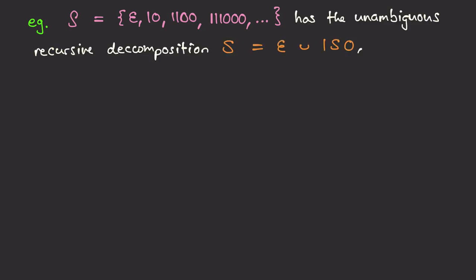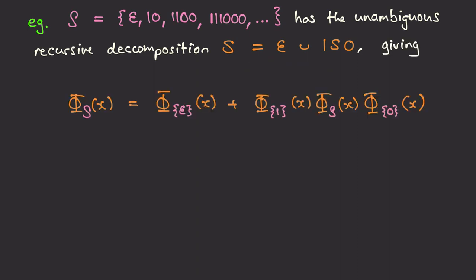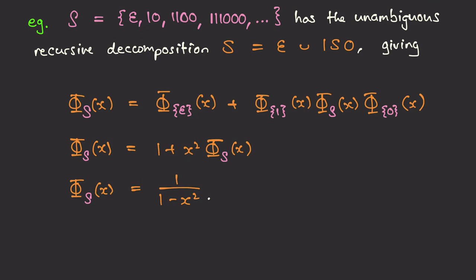Therefore, S equals epsilon cup 1 S0 is an unambiguous recursive decomposition for the set pink S. This leads to an equation where both sides are rational functions involving the generating series for pink S. We can solve this equation to get that phi sub pink S of x is 1 over 1 minus x squared.